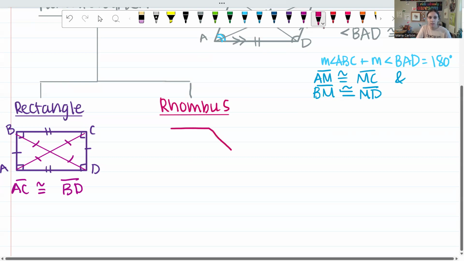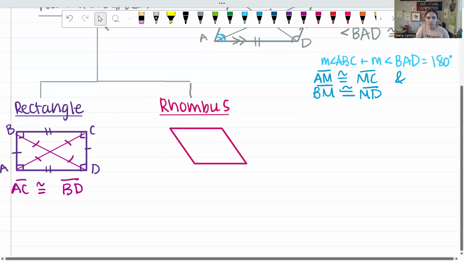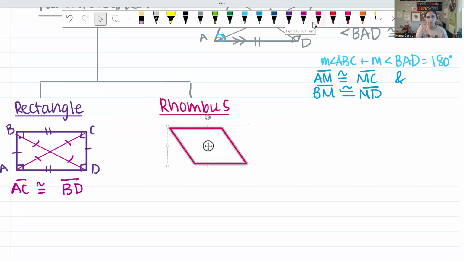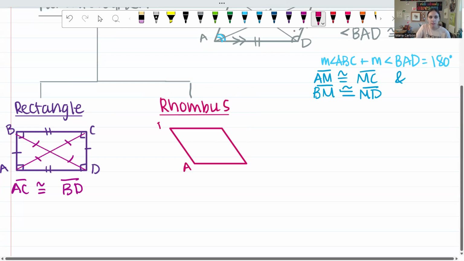Instead, we have 4 congruent sides. So here is A, B, C, D. So we have 4 congruent sides.